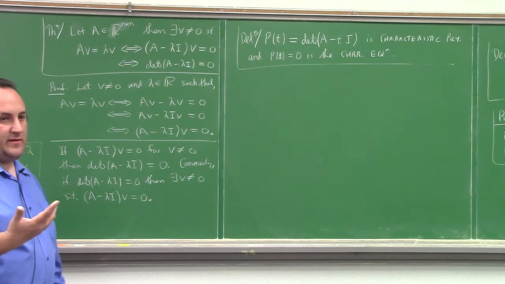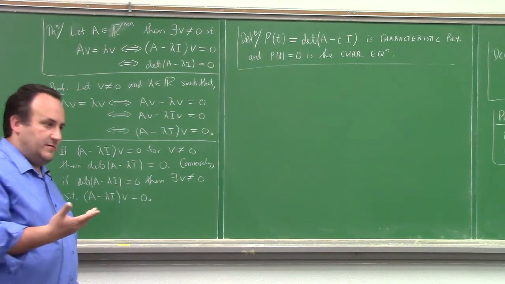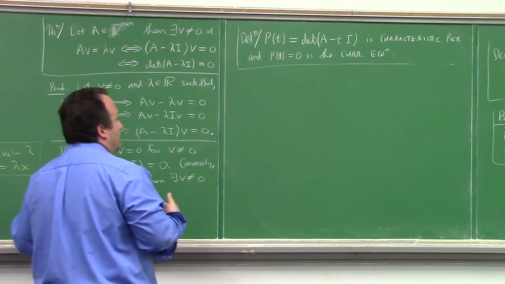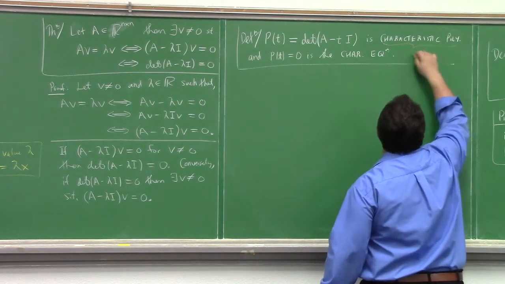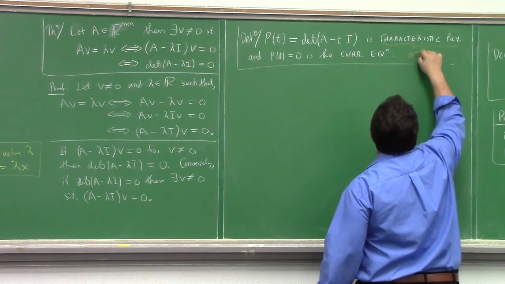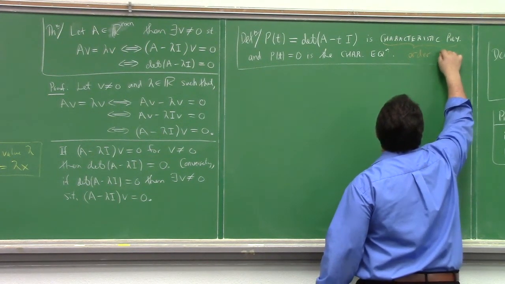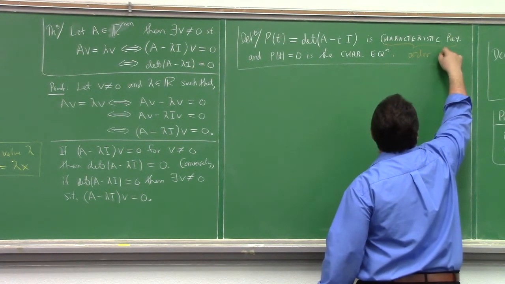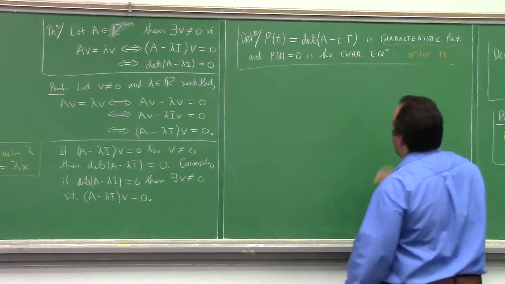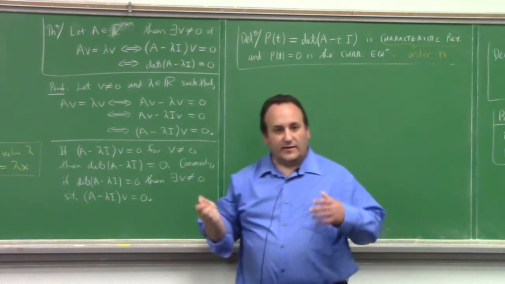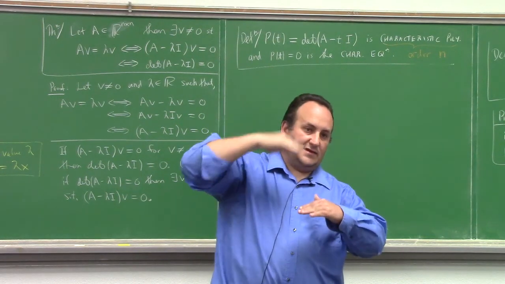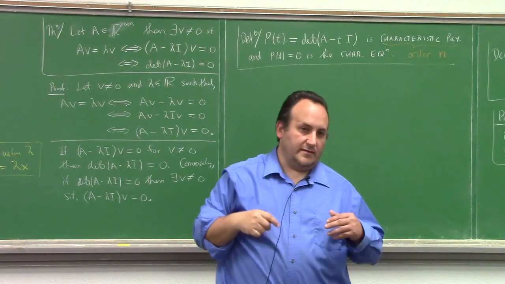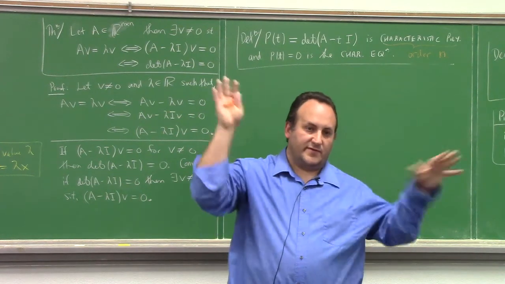What's the order of this characteristic polynomial, by the way? Order 1? Nope. Here it has order n, generally speaking, because A is an n by n matrix, and you're looking at the determinant of an n by n matrix that has t appearing in the diagonal and numbers off the diagonal.